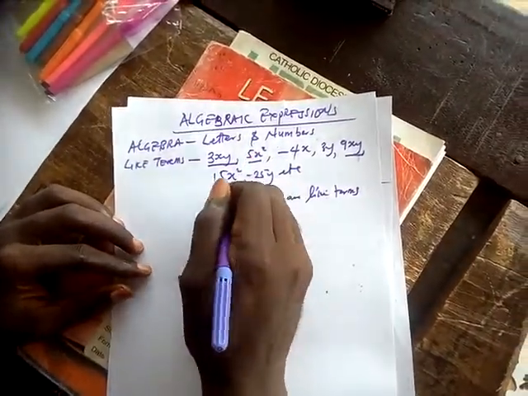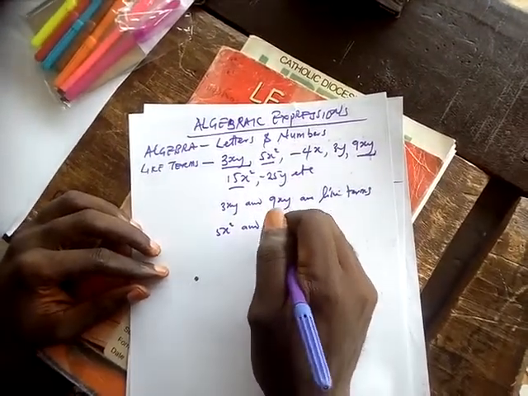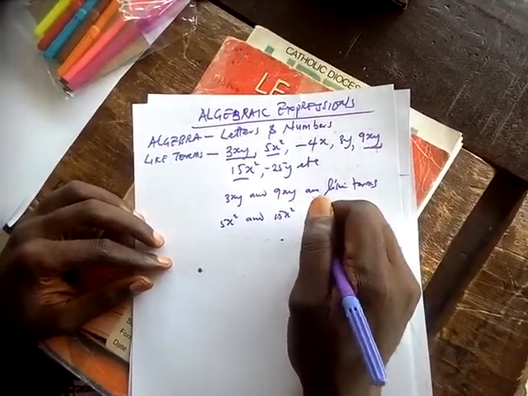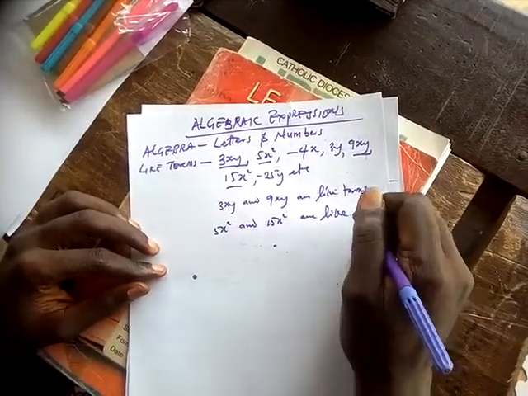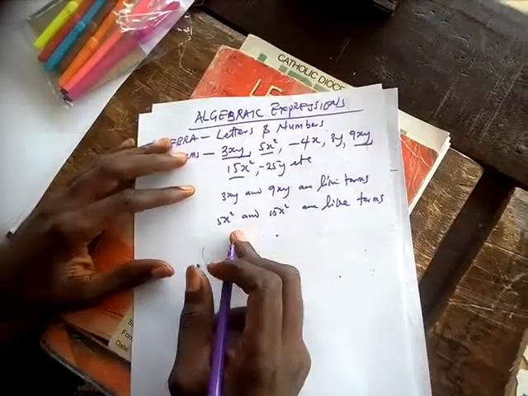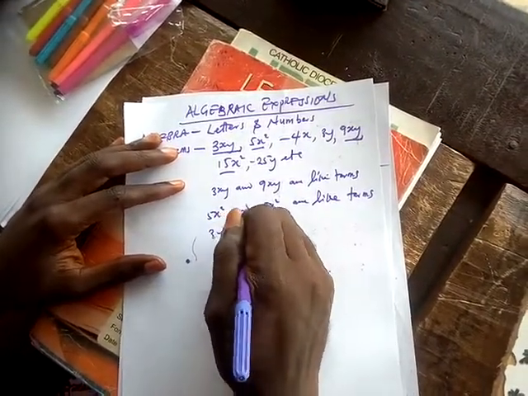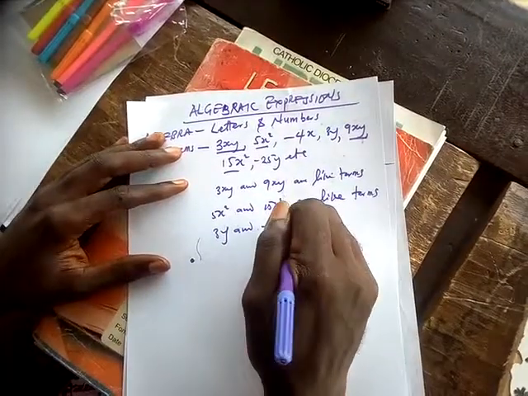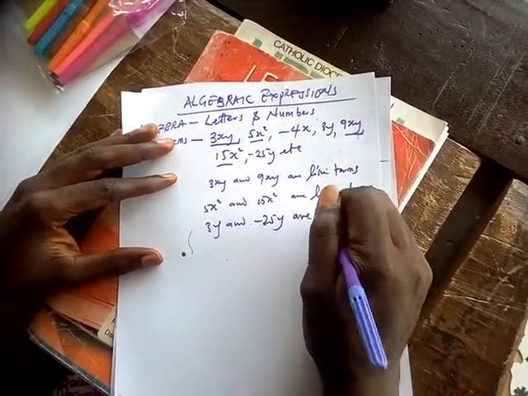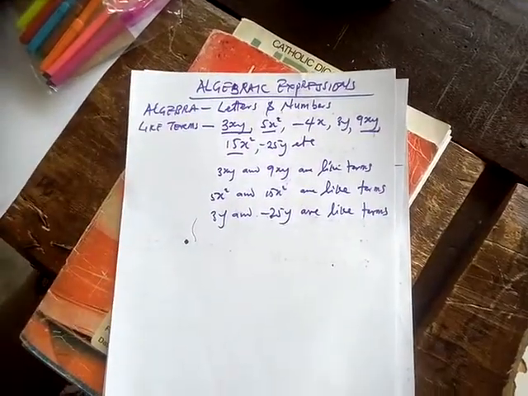Another one, this and this, 5x squared and 15x squared are like terms. Another one, 3y and minus 25y are also like terms. So you know what like terms are?